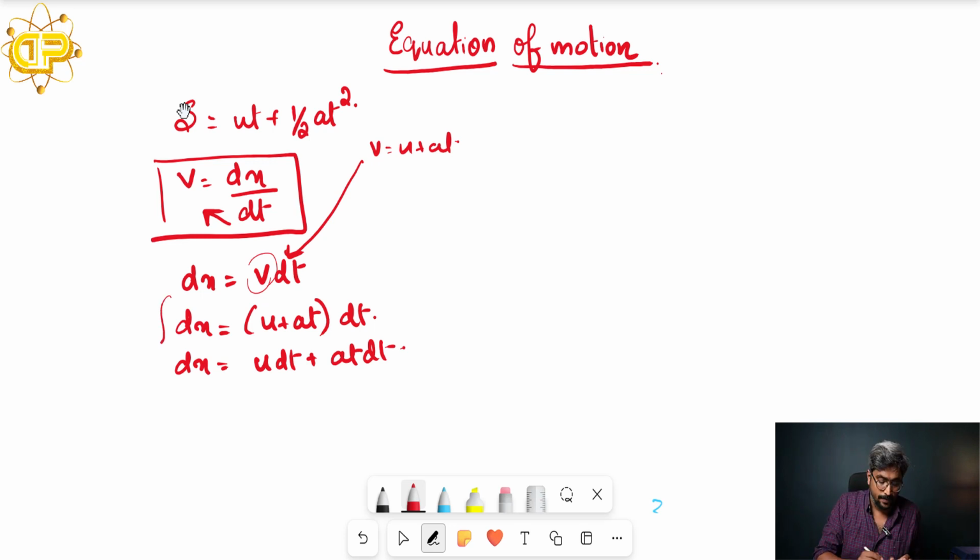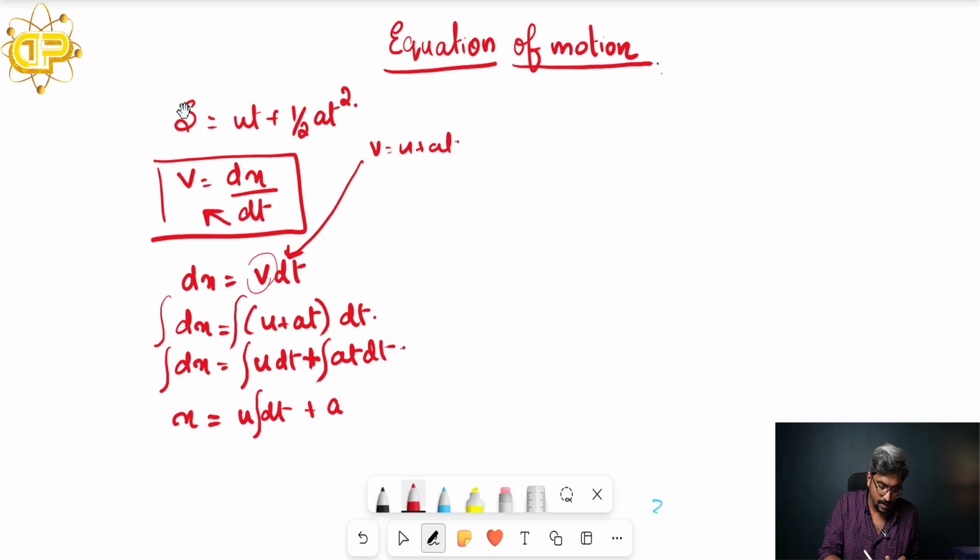Again, integrate. If I'm integrating both sides, integration will be applied to every term separated by plus and minus, right? So here, this is the term. Now what happens? Okay, you know the integration. This is equal to x is equal to u dt plus a.